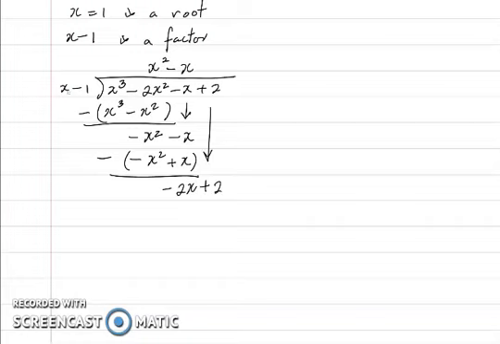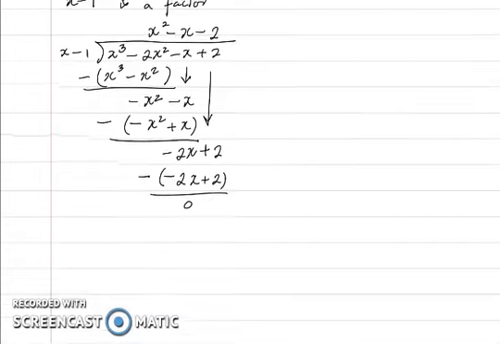Then x goes into minus 2x minus 2 times. Minus 2 times x is minus 2x. Minus 2 times minus 1 is plus 2. All right, and of course, when I subtract these, I'm going to end up with 0.